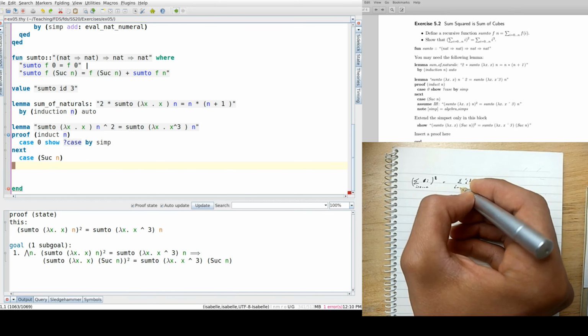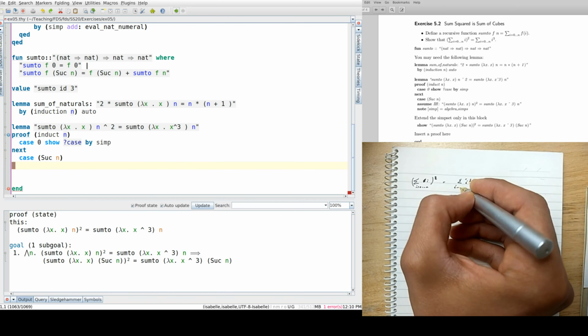Okay, so we want to do a chain of equations, obviously, and so here we're going to start by unfolding this until we reach that. Okay, so that's the goal, and then I will start. This is the proof.